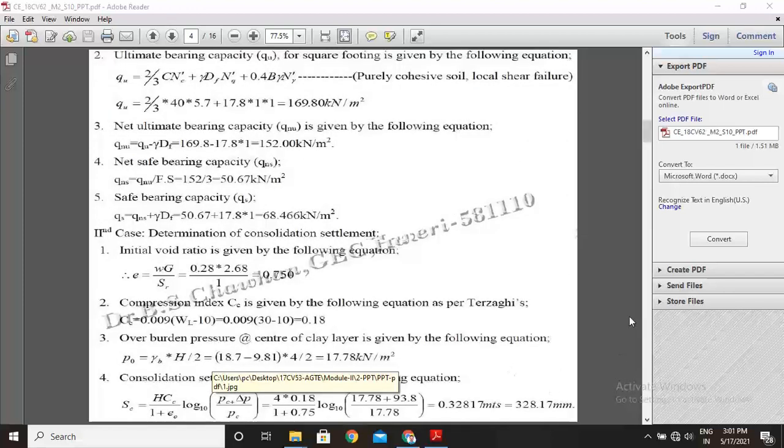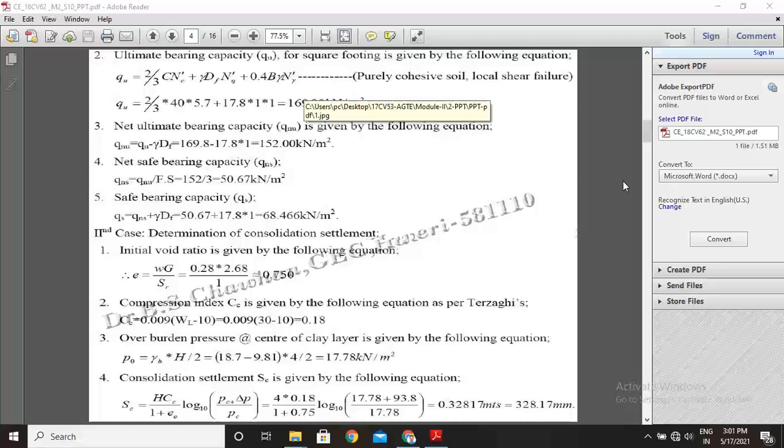Next step number 2, ultimate bearing capacity for square footing is given by the following equations. It is for purely cohesive soils, for local shear failure. QU equal to 2/3 C NC dash plus gamma DF NQ dash plus 0.4 times B gamma N gamma dash. So this is the given equation by Terzaghi for ultimate bearing capacity.